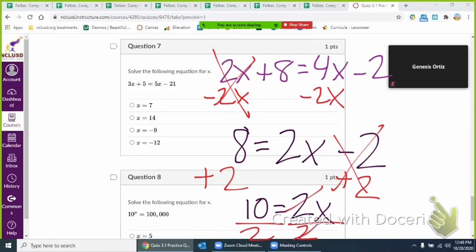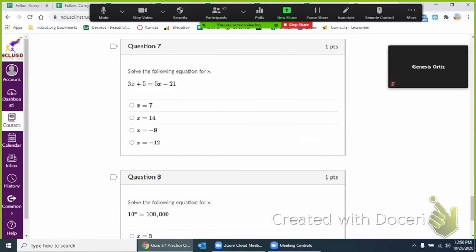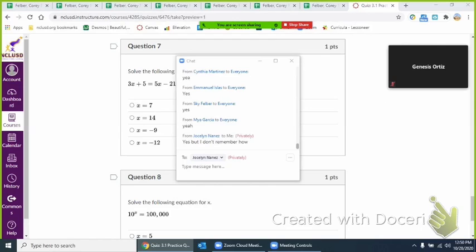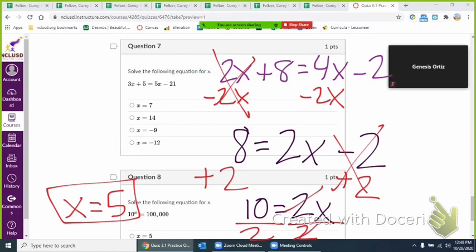So we divide by 2, and x would have been 5 for my example. Okay. Any questions on this? Like, you're just undoing everything, trying to get x by itself.